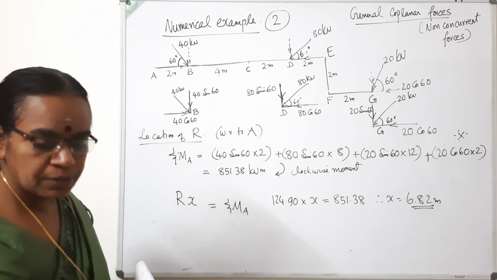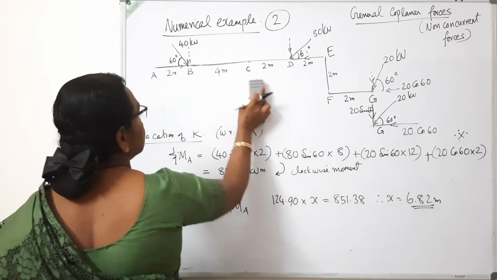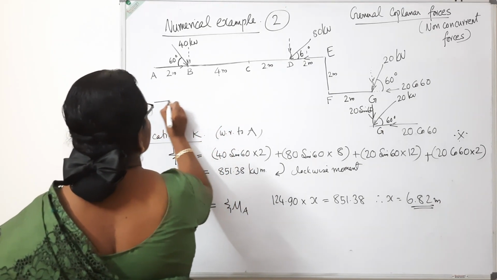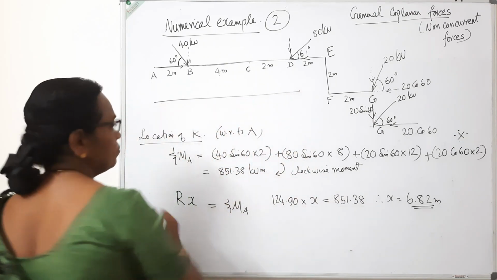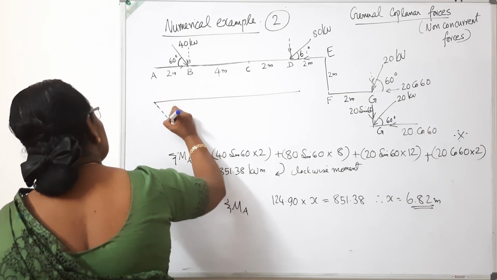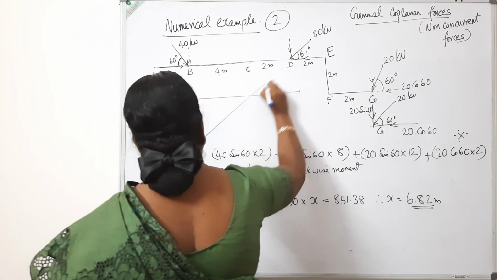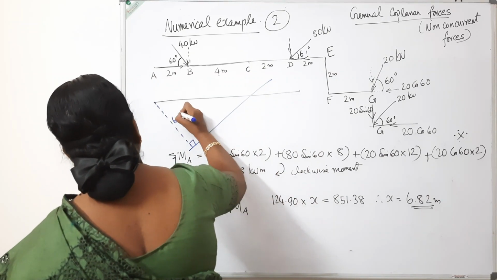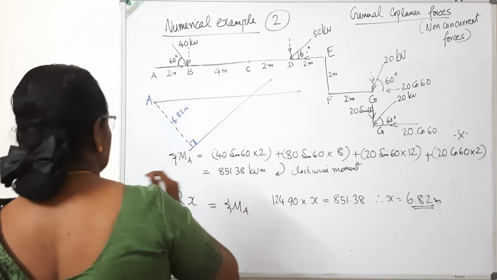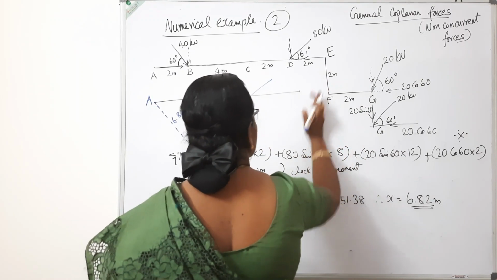So let us mark it in the figure. The resultant is at a perpendicular distance of 6.82 meter from A. And we have seen earlier the resultant is in the third quadrant.